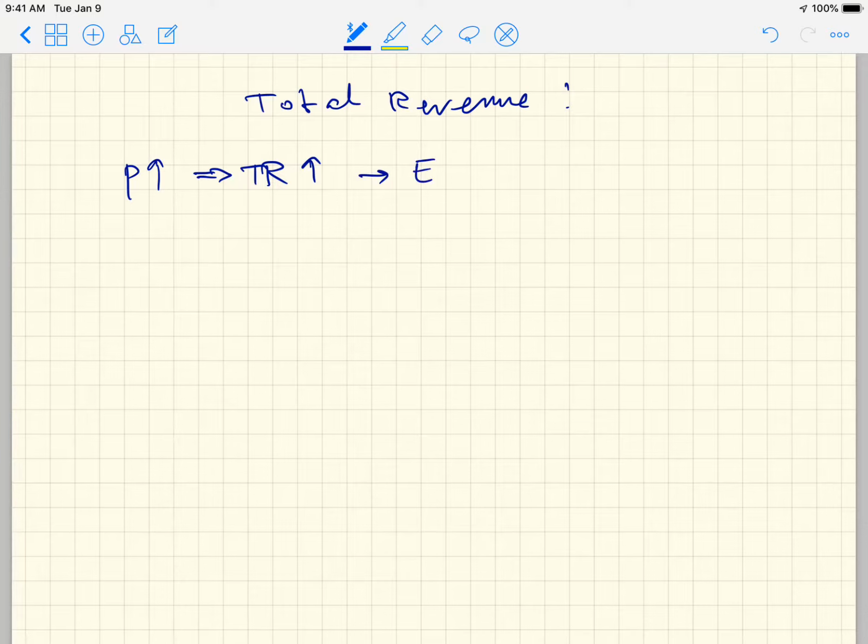And we can flip this observation and come up with the total revenue rule, which says that if you notice that as price goes up, total revenue goes up as well, you conclude that we are dealing with inelastic demand.